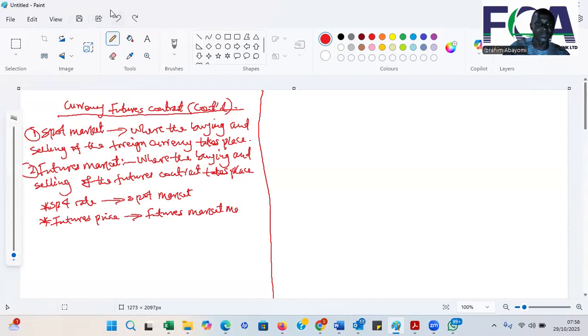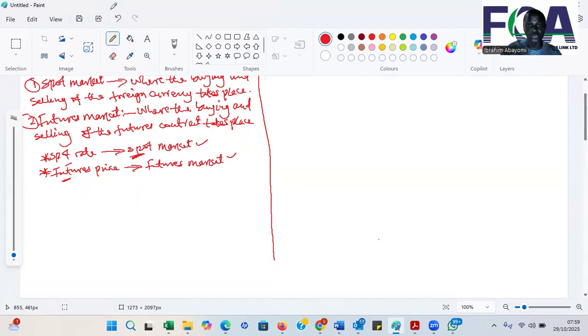Now, there is an inverse relationship between the spot rate and the futures price. You need to understand this for you to be able to do hedging using futures properly. There is an inverse relationship between the spot rate and the futures price.